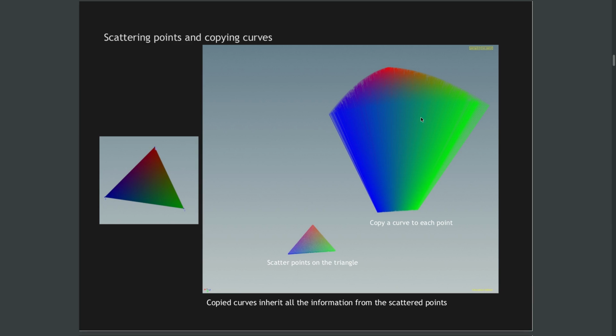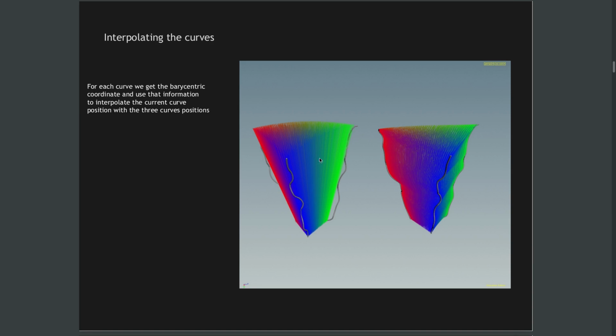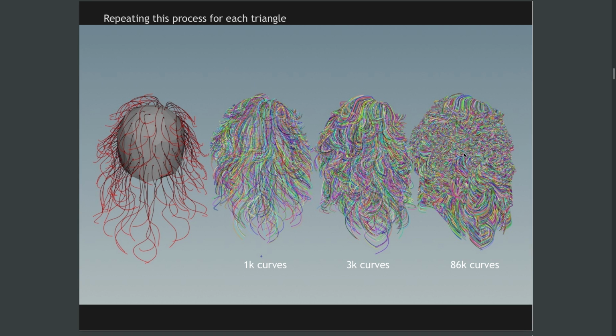And what we need in this case is the barycentric coordinate. So if we loop over each curve and use that barycentric coordinate to blend shape between these three curves, we will be able to properly fill the space with properly interpolated curves.